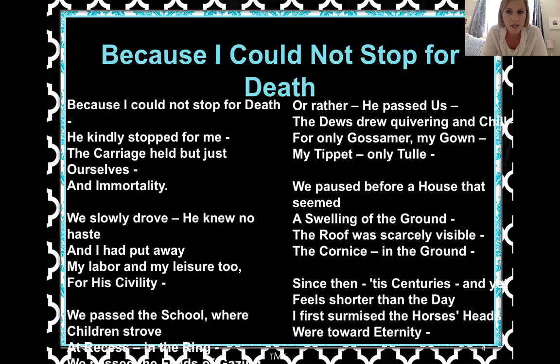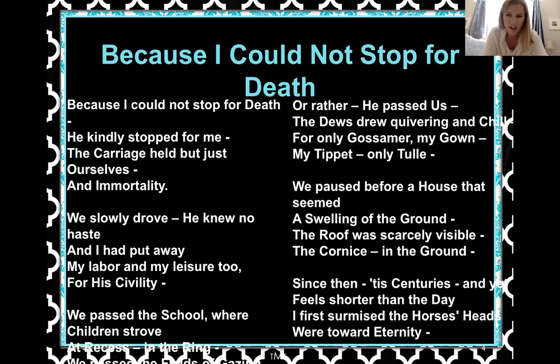Or rather, he passed us. The dews drew quivering and chill, for only gossamer my gown, my tippet only tulle. We paused before a house that seemed a swelling of the ground. The roof was scarcely visible, the cornice in the ground. Since then, 'tis centuries, and yet feels shorter than the day, I first surmised the horses' heads were toward eternity.